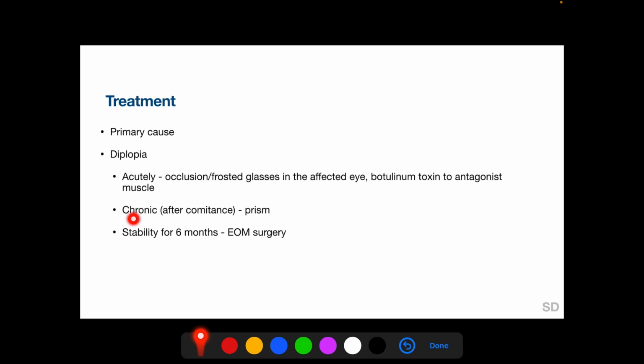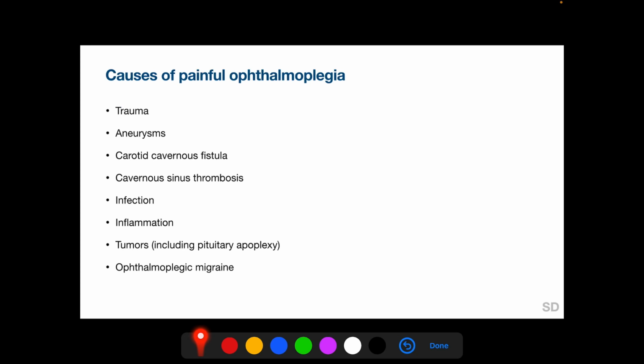When the diplopia becomes chronic and concomitant, that is, the deviation is the same in all directions of gaze, we can use prisms to manage the diplopia, and when the ocular deviation remains stable for 6 months or more, we can plan surgery to correct the strabismus.